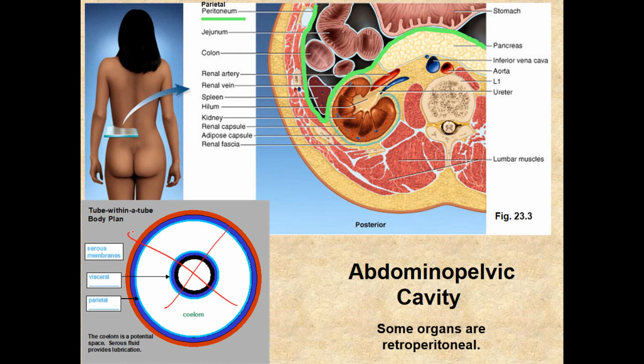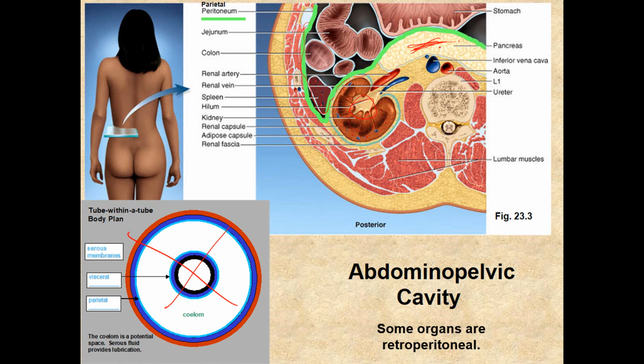Don't worry about this part. I'm not going to get into a coelom or a tube within a tube, but here is this parietal peritoneum. It's lining that cavity, and we do have some organs that are going to be considered retroperitoneal. The biggest one are going to be the kidneys, but the duodenum, pancreas, some parts of the colon.